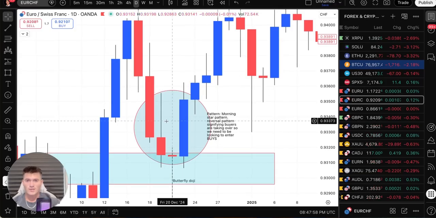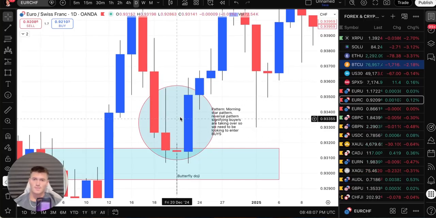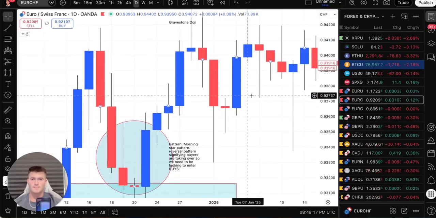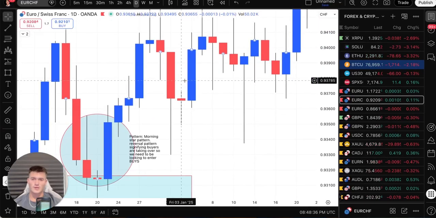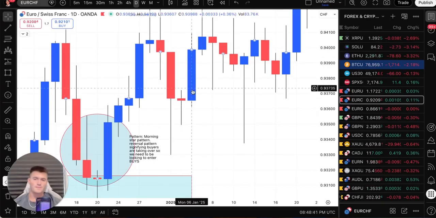So if you have one of these patterns above an area of interest, we know we're going to be buying because we're bullish. If we have this bullish pattern here, this morning star pattern, as you can see, it works. Price kept going up. And then if we look over here, we actually get another morning star right here.